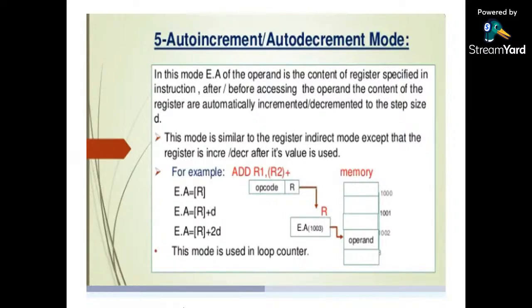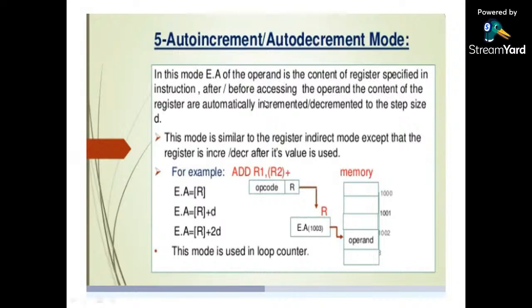Then you need to fetch 10 values one by one. Now if these values are stored at successive memory locations, then you can use the auto increment or auto decrement addressing mode. Let us try to understand this by using an example.